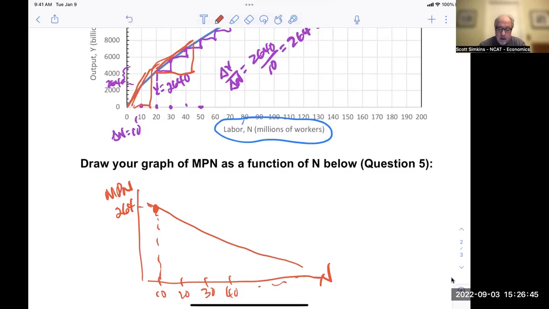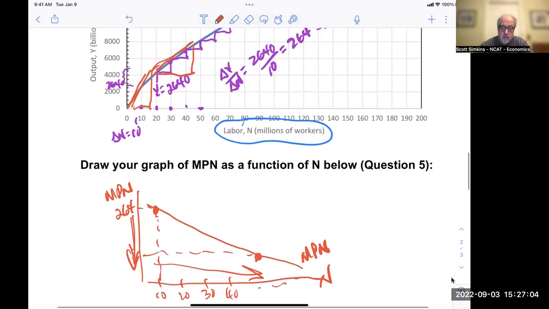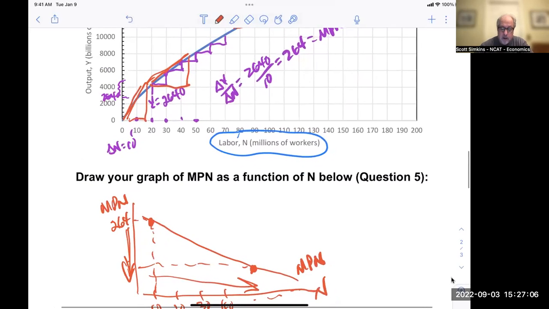In other words, as N gets bigger, the marginal product of labor gets smaller. So this is the marginal product of labor for this production function. We could actually plot the actual numbers, and that's what I want to do. But right now, it's important to note that that's what it looks like.